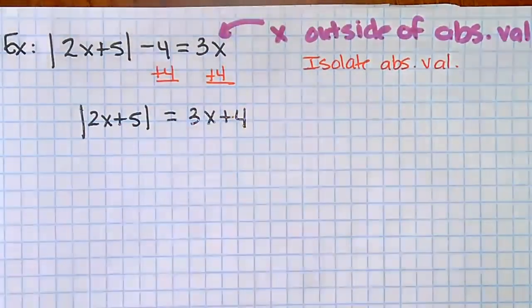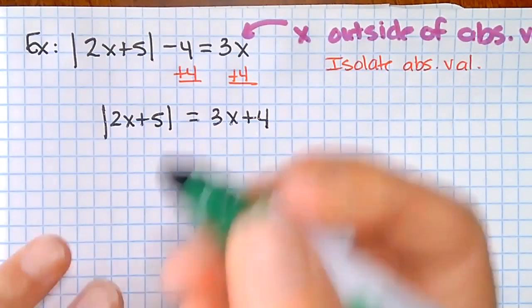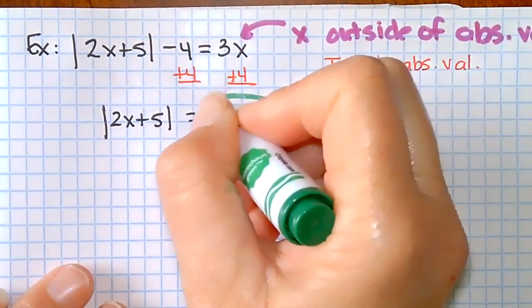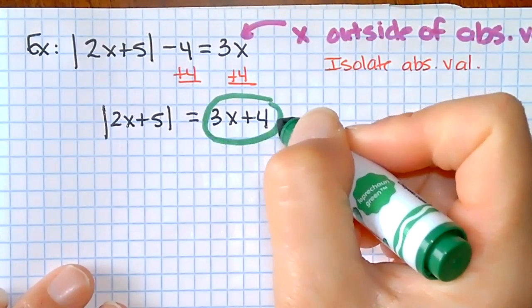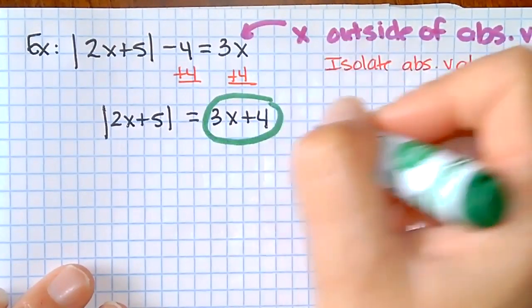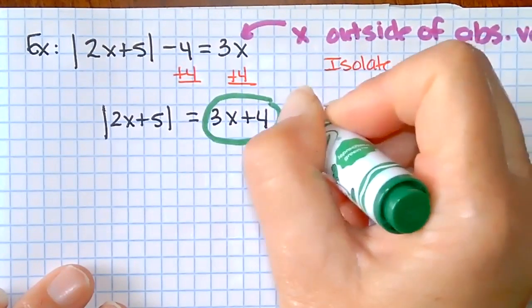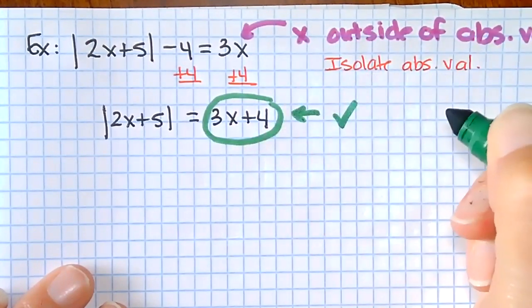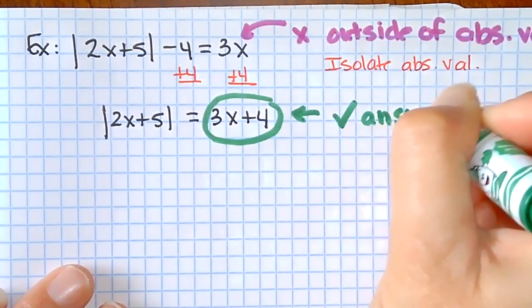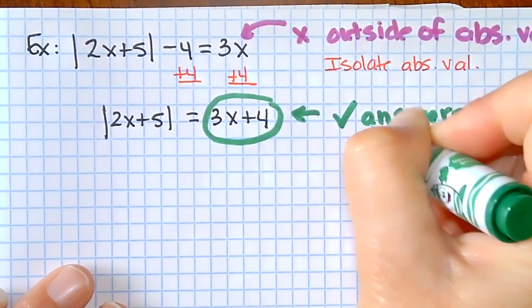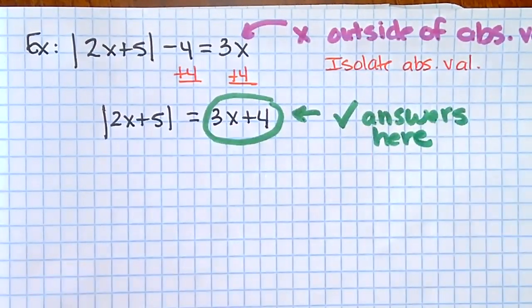Now, when I said you would check where it's isolated, really all you need to check is this. You want to decide if this is going to be positive or negative. So this is where you're going to check your answers.